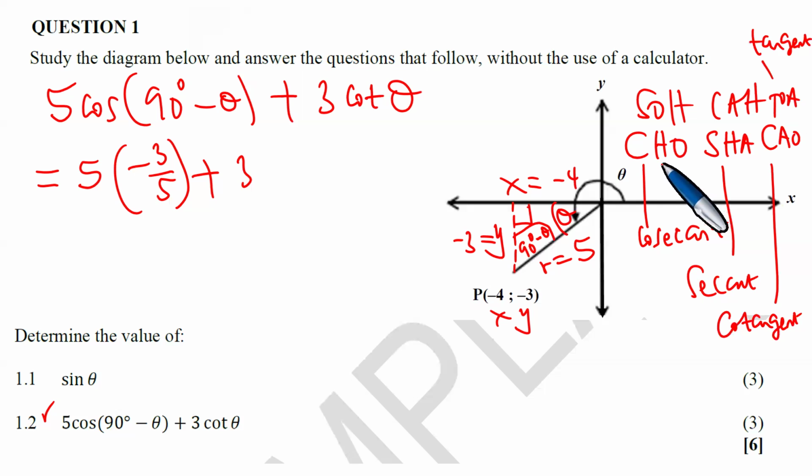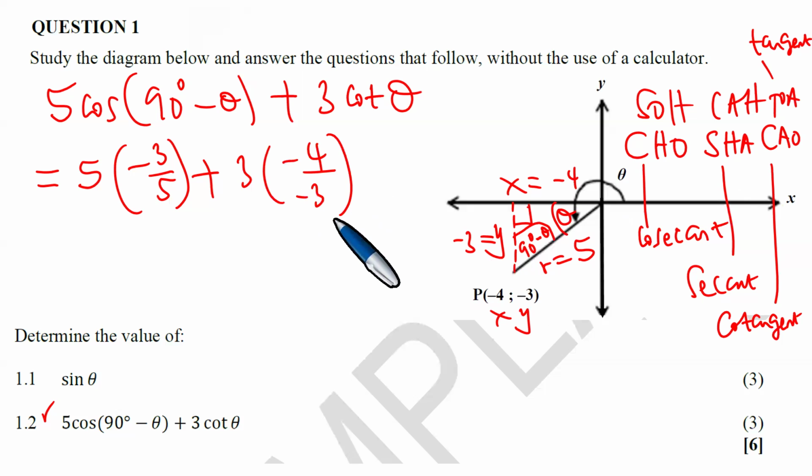When you're dealing with a cotangent, it is adjacent over opposite. You're dealing with theta, so the adjacent is minus 4 over the opposite, which is minus 3.